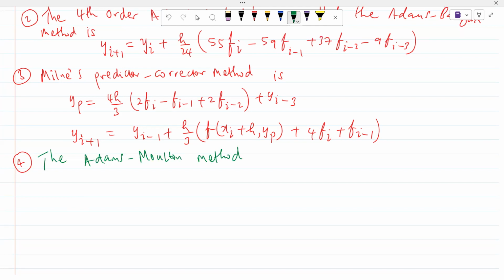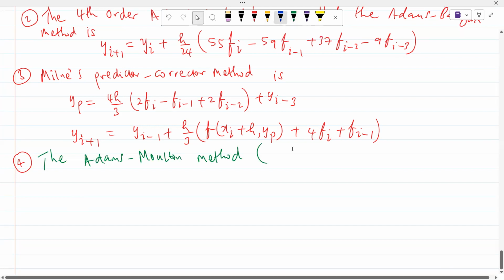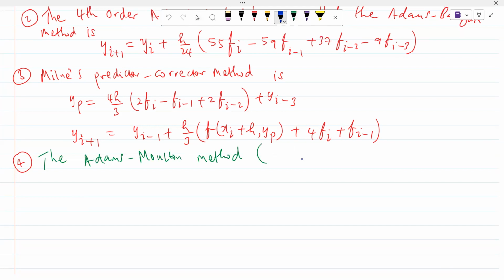The Adams-Moulton method has famous names, but it is also called the Adams predictor corrector method.